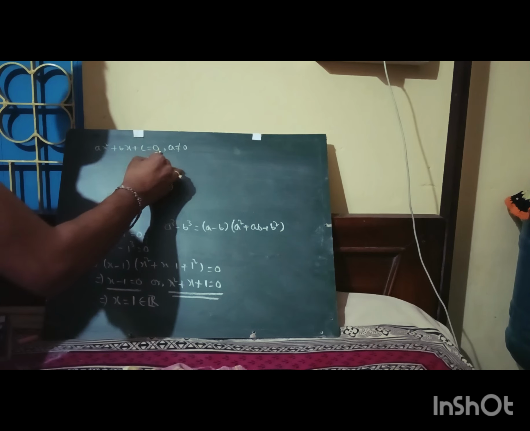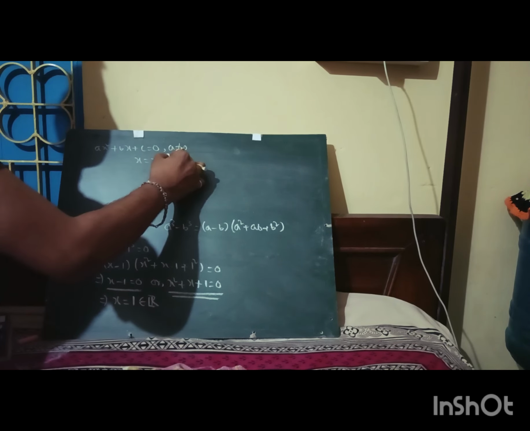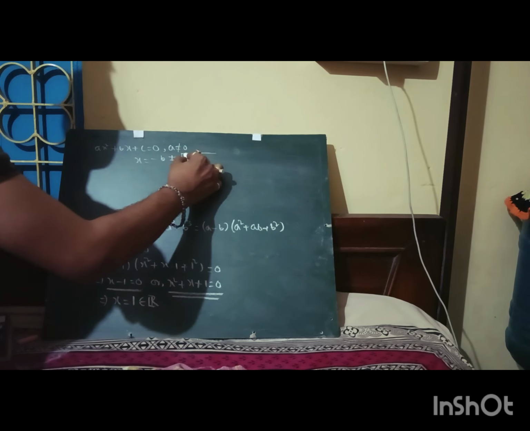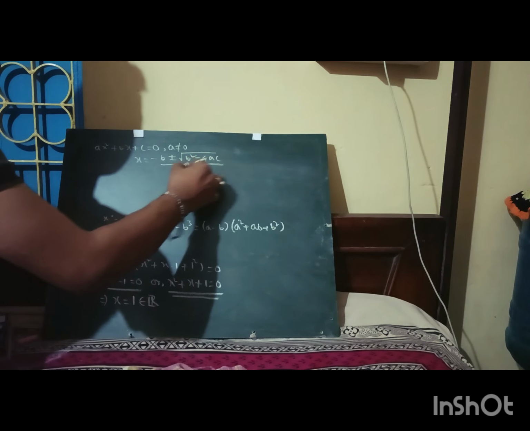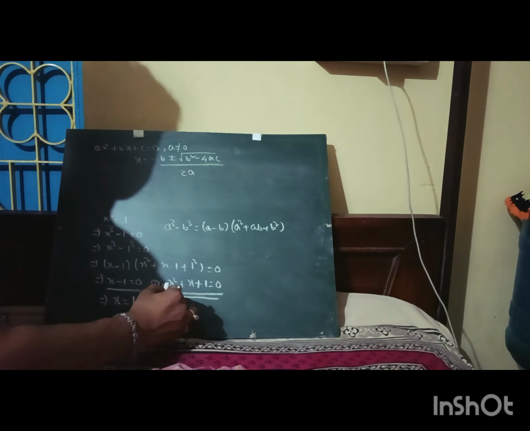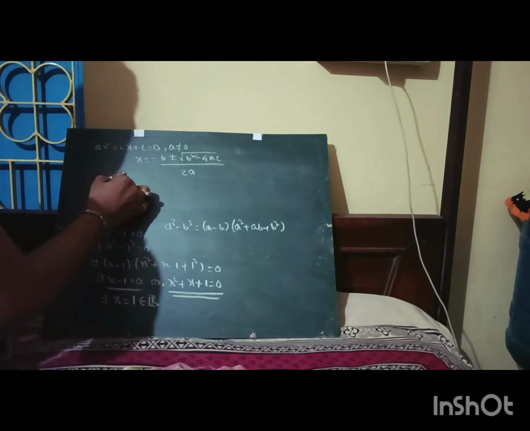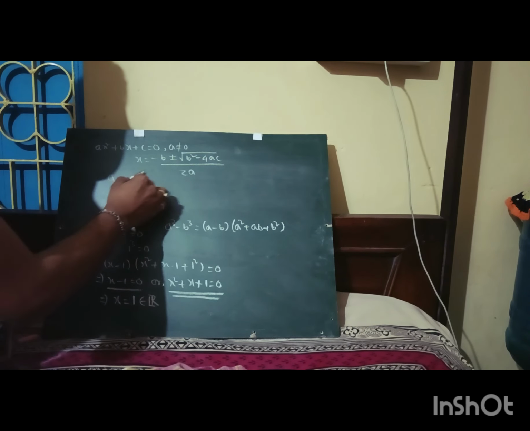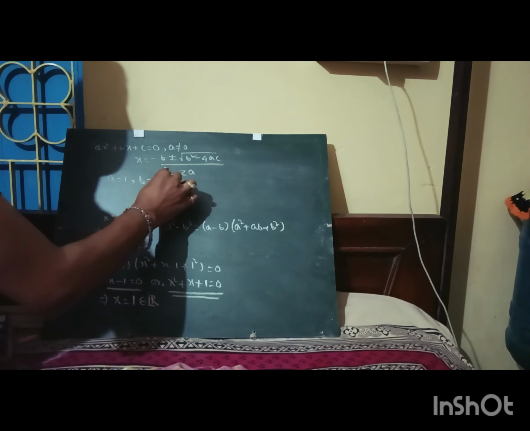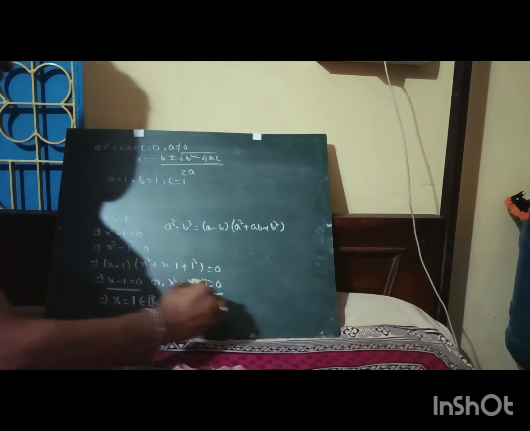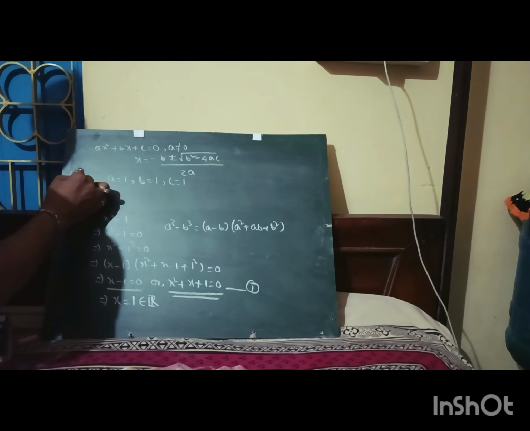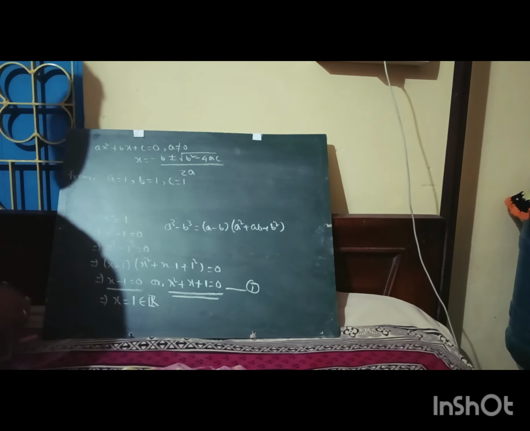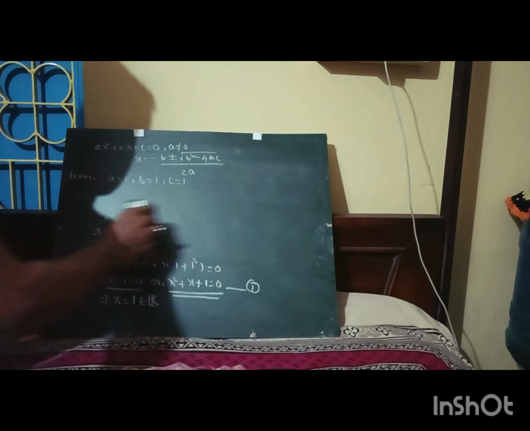Then x is equal to minus b plus minus root over b square minus 4ac, by 2a. Here a is equal to 1, b is equal to 1 and c is also equal to 1.